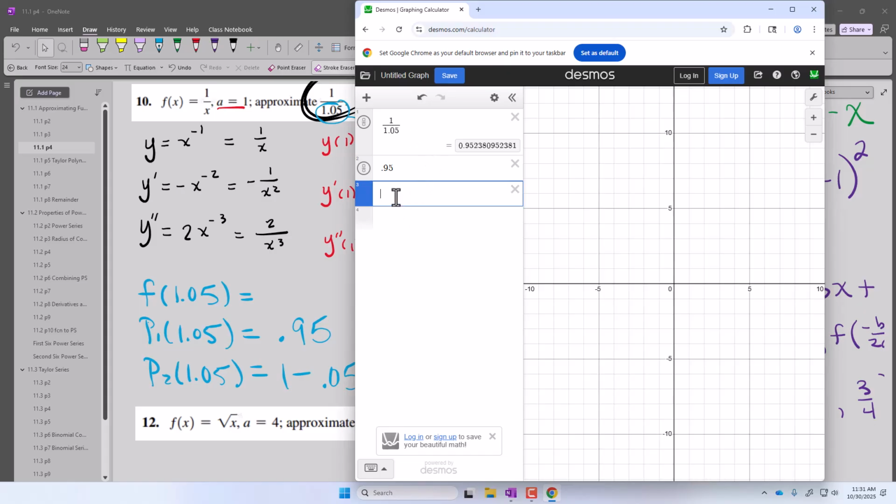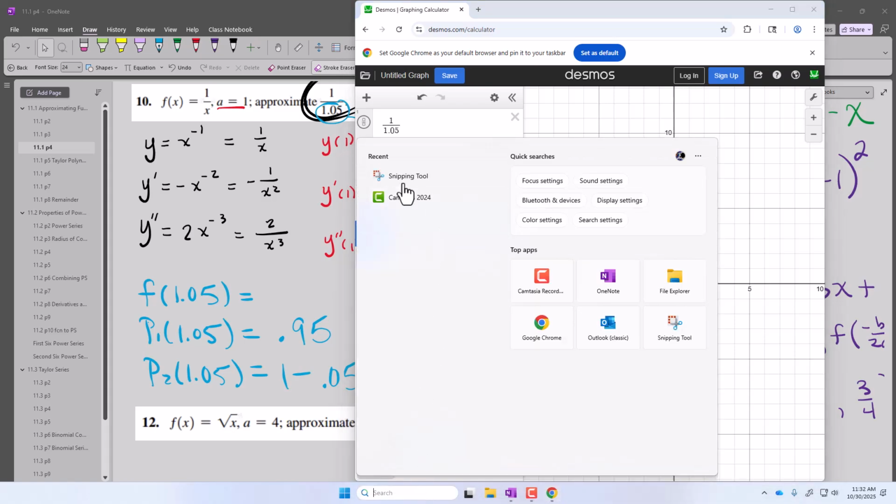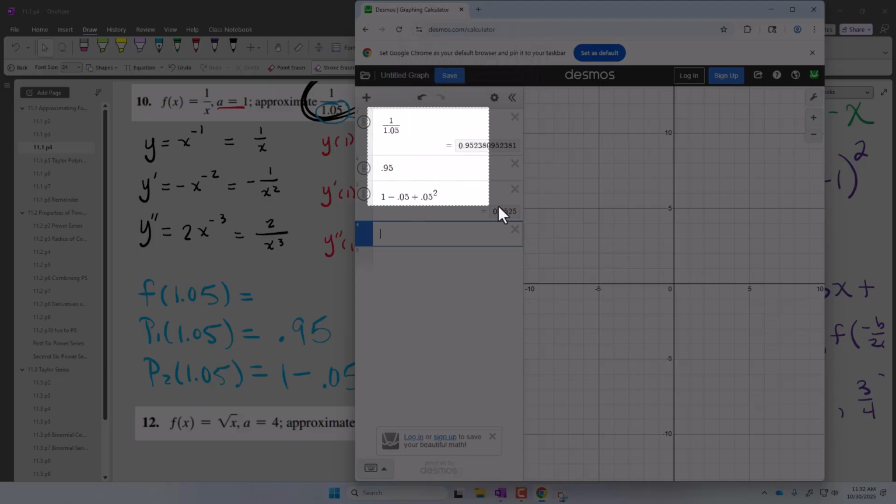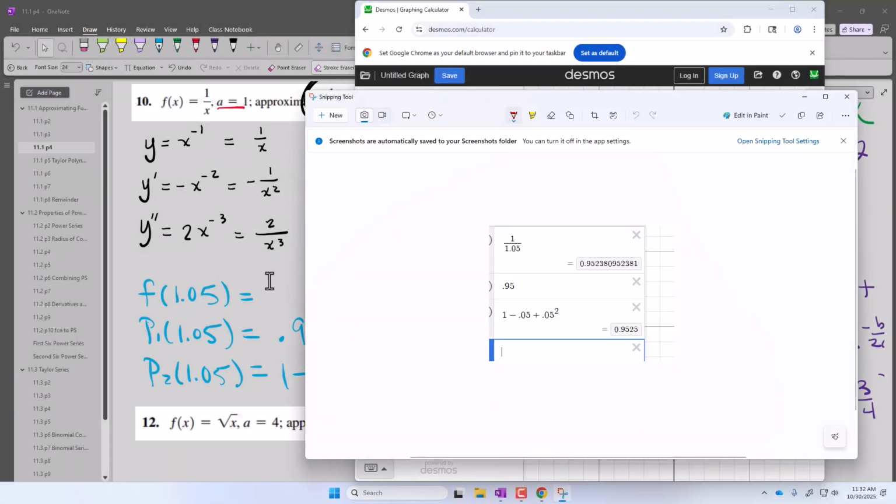And then we have 1 minus 0.05 plus 0.05 squared. So those are our three things. And if you look at and compare, you can see how the approximations get better.